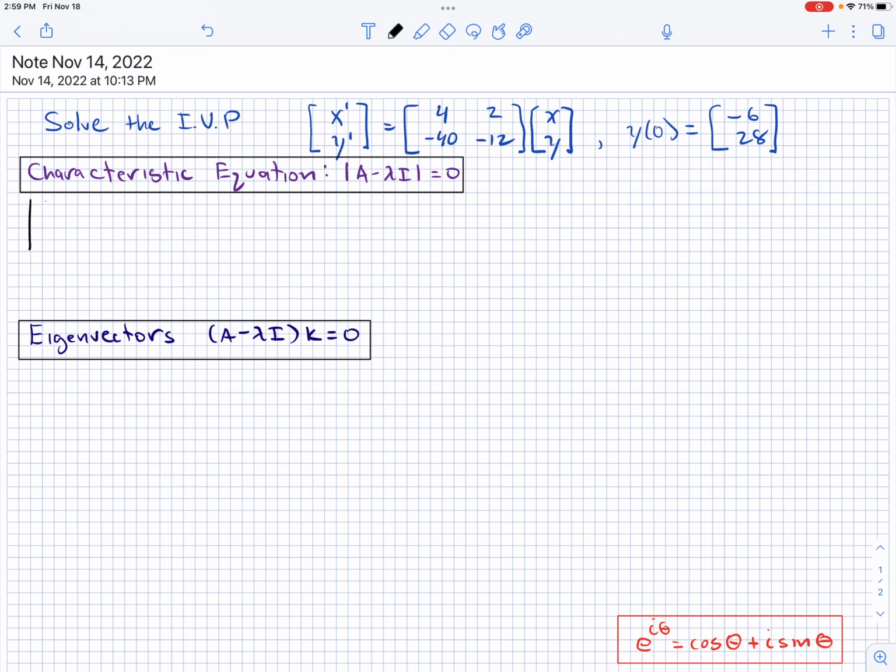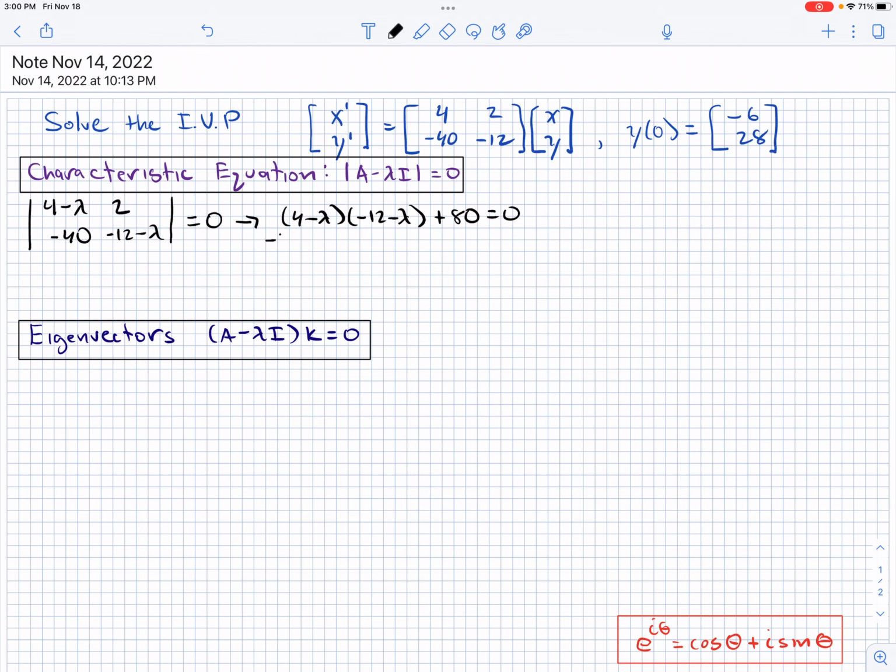we have 4 minus lambda, 2, negative 40, negative 12 minus lambda, the determinant of all that being equal to 0. And doing that, we have 4 minus lambda times negative 12 minus lambda plus 80 being equal to 0.